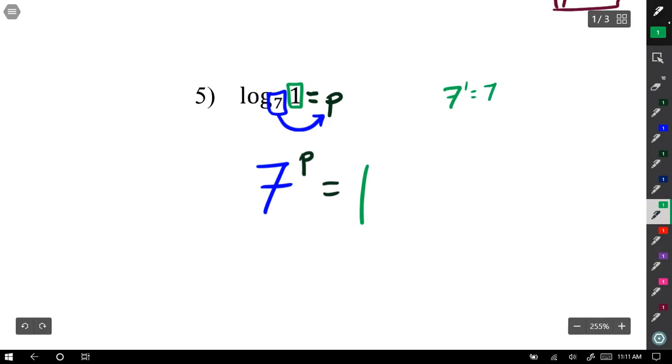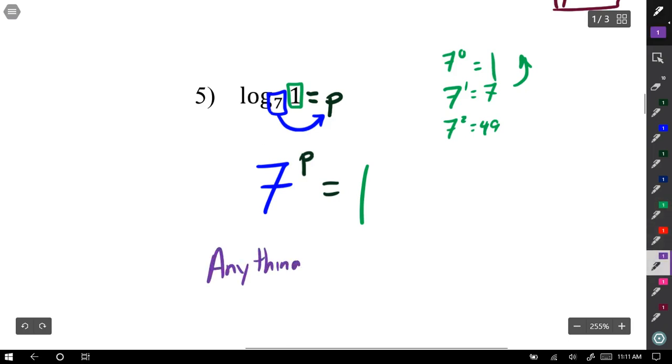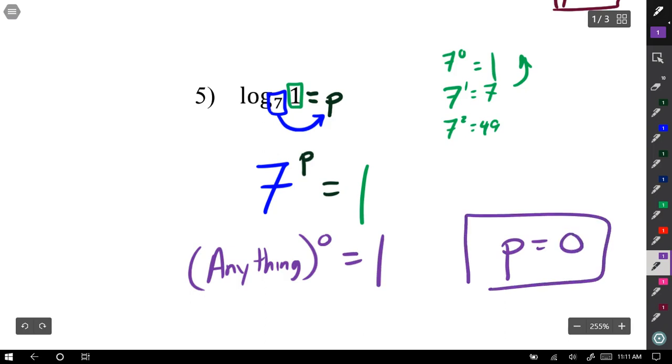I'm getting too big, so let's go backwards. What's 7 to the 0 power? Well, that's 1. This is actually a definition: anything to the 0 power equals 1. My power is 0. That's why I like this one. It's the idea that if you apply 0 as the power, it's going to make the expression equal to 1.